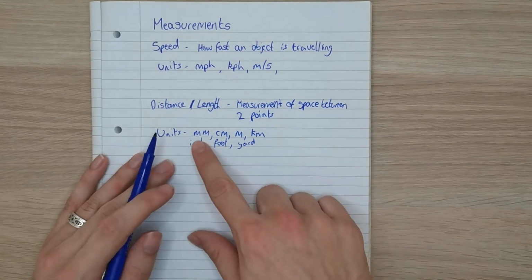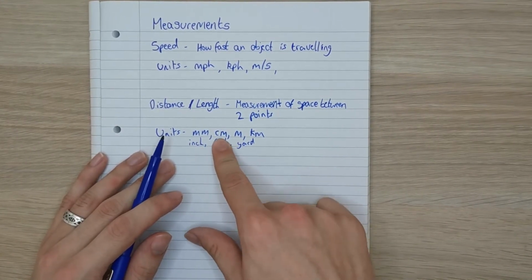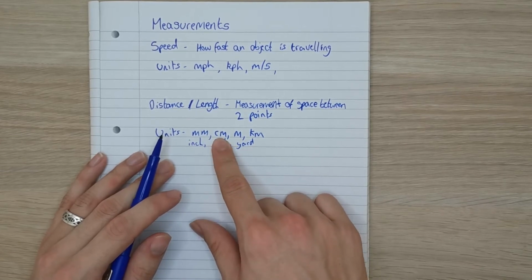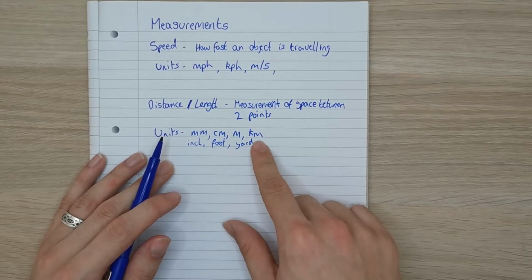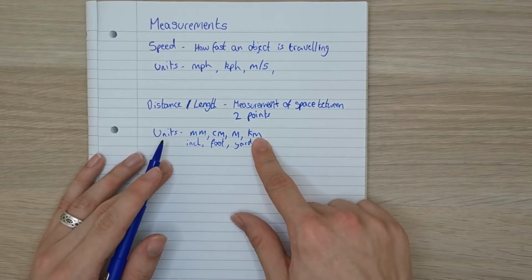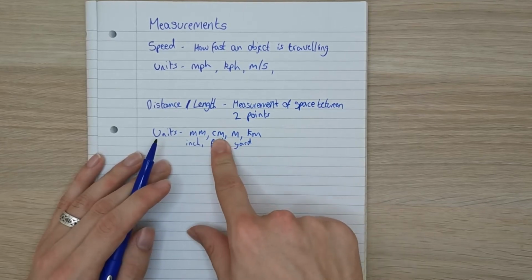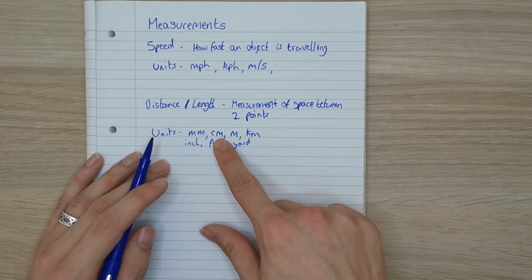So we've got millimeters are 1/10 of a centimetre. Centimetres are 100th of a metre, and meters are 1,000th of a kilometre. So 1,000 meters are a kilometre, 100 centimetres are a metre, 10 millimeters are a centimetre.